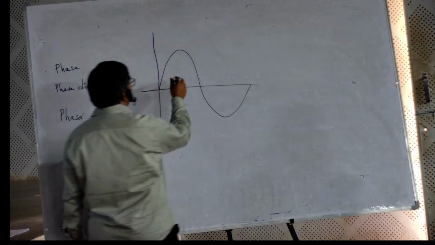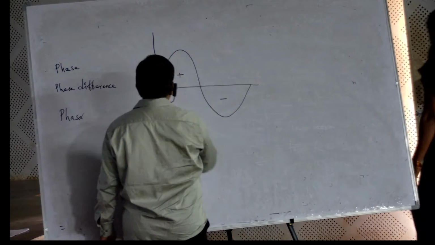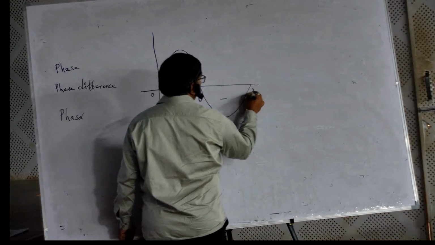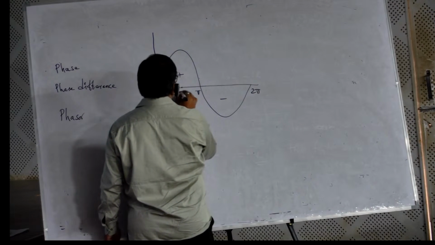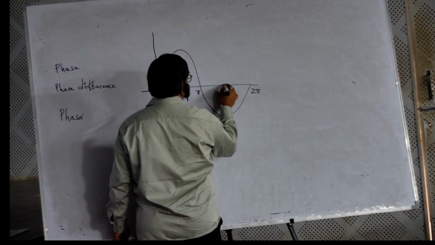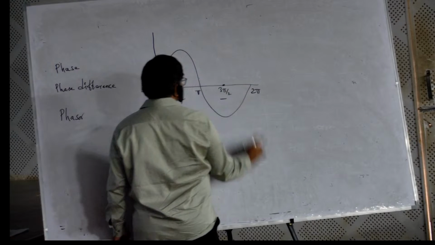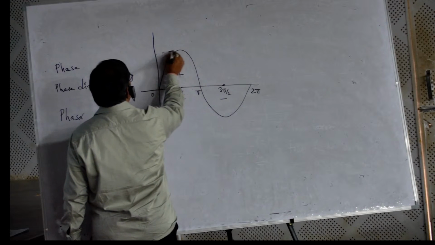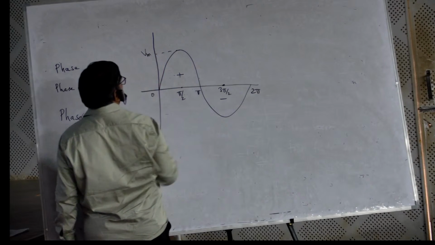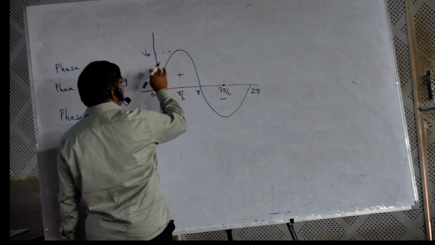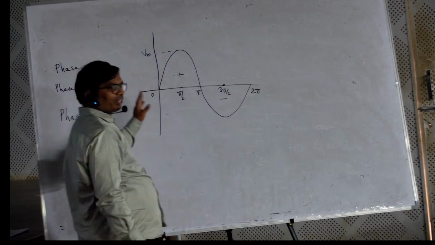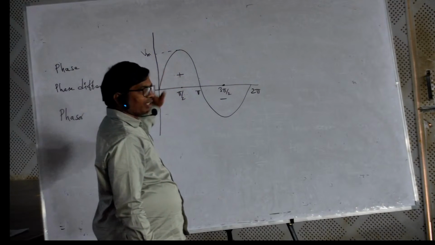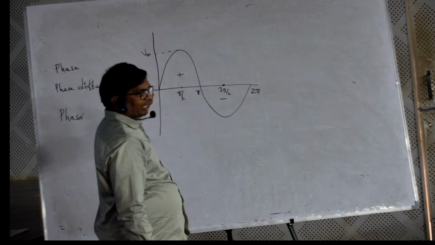It is a sine wave, 0, pi by 2, pi, 3 pi by 2 and 2 pi. Here we have the maximum value Vm, the RMS value and the average value, where RMS is about 70% and average is about 63%. That is not required now.